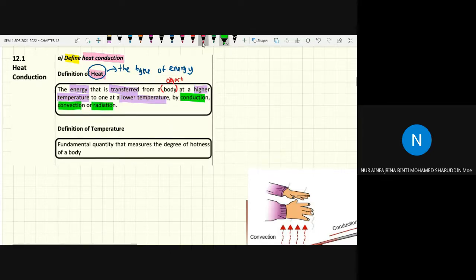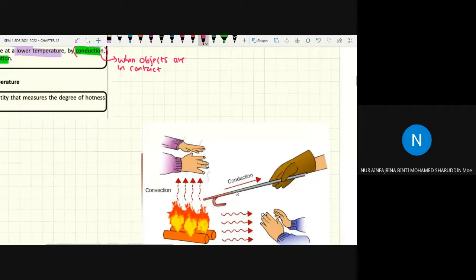Okay, let's make a little note. So what is conduction? Conduction is when objects are in contact. So as you can see from here, so nampak tak?